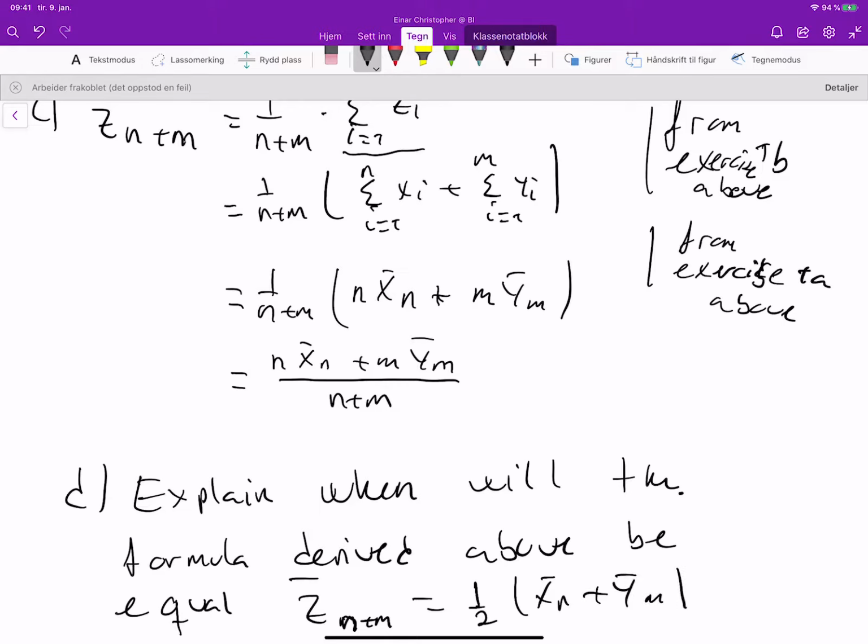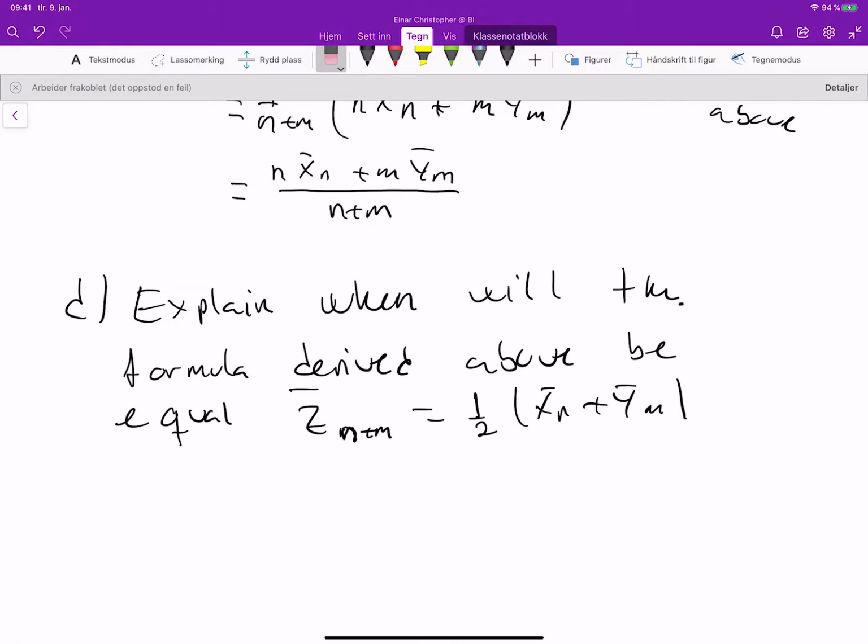Well, if you stare at the formula here, we can see that if n is equal to m, then this will be true. n has to be equal to m. Okay, let's take an example. This is true when n equal m.